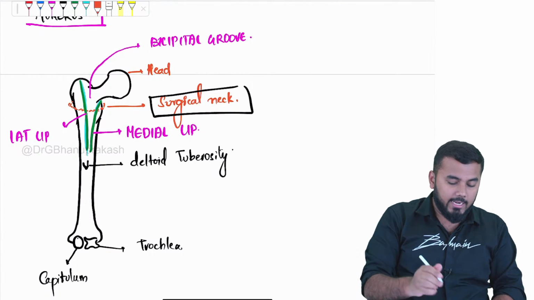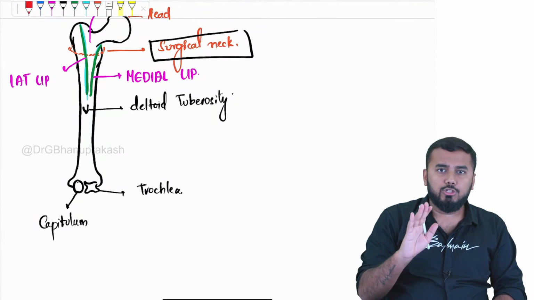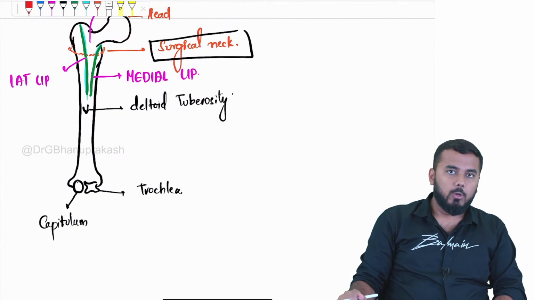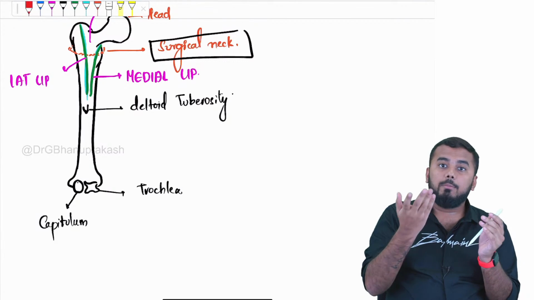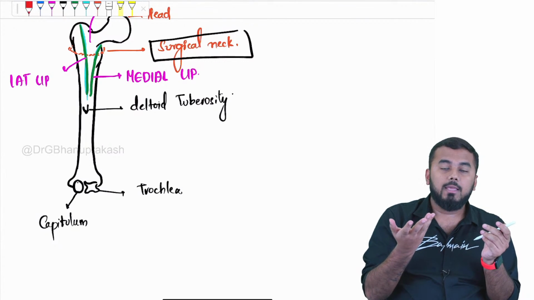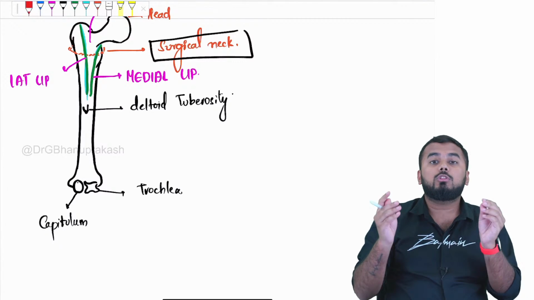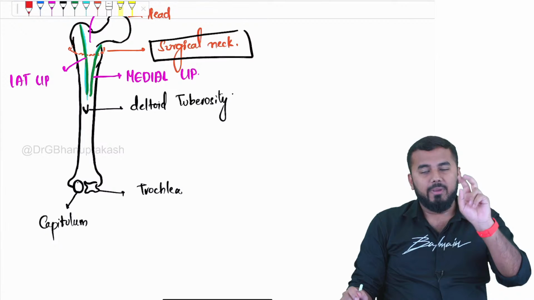But right now let me tell you that there is a muscle attached to the medial lip and a muscle attached to the lateral lip. Your upper lip and lower lip are both important for you; both play a major role in your life. So the medial lip and lateral lip are both attached by two major muscles.